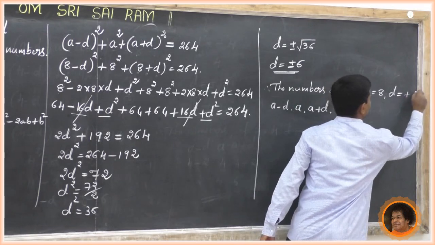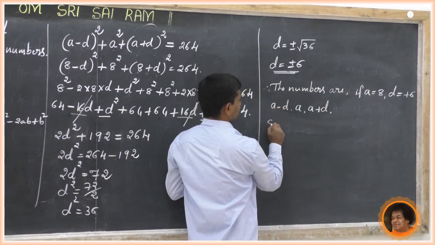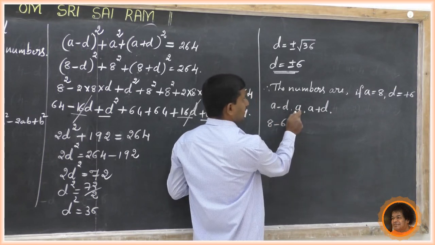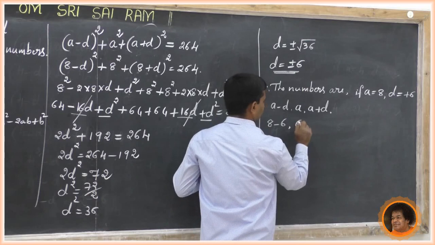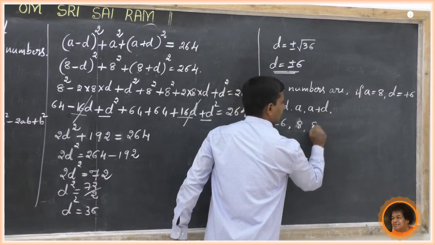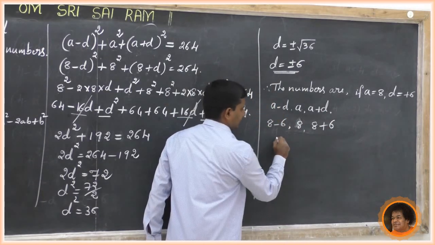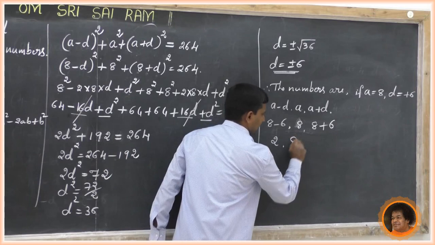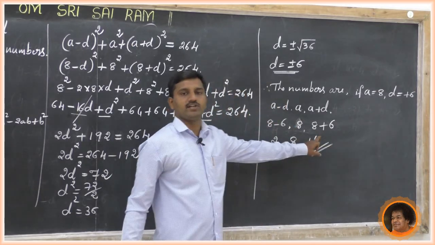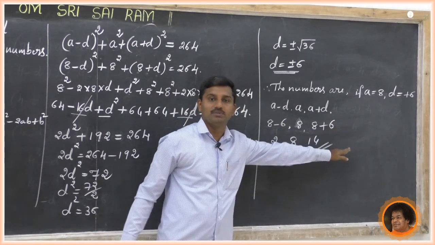So d is equal to plus 6. Now substitute the values: 8 minus 6, 8, and 8 plus 6. So 8 minus 6 is 2, 8, 14. So 2, 8, 14 are in AP. So these are the required numbers.